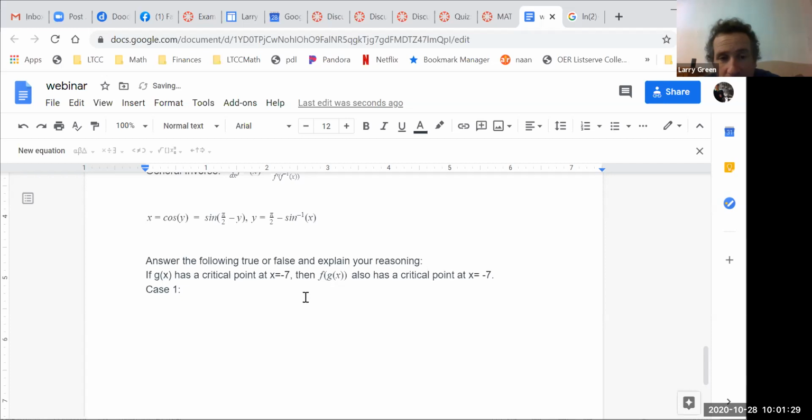Case one is we have the critical point because g prime of -7 does not exist. Then, if g prime of -7 doesn't exist, if g is not differentiable, f of g is also not differentiable.